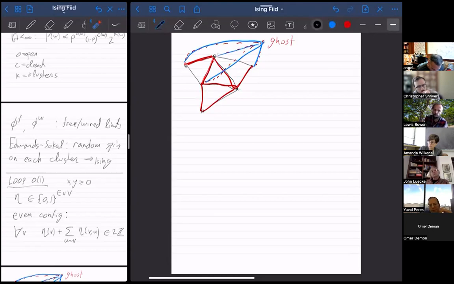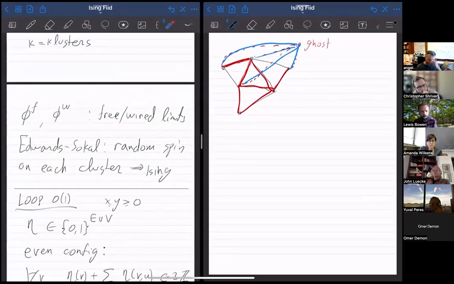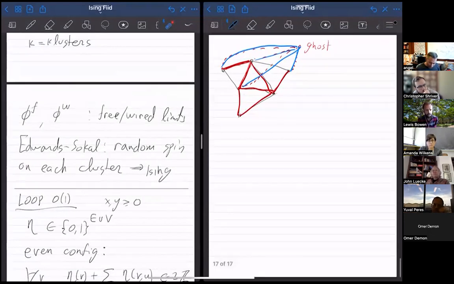So what I've done here, the red edges are the open edges in the original graph. We have, in this case, 7 open edges and 2 closed edges. The blue edges denote that for this vertex here, for example, eta of v is 1. So eta of v denotes whether the edge to the ghost is open or closed.